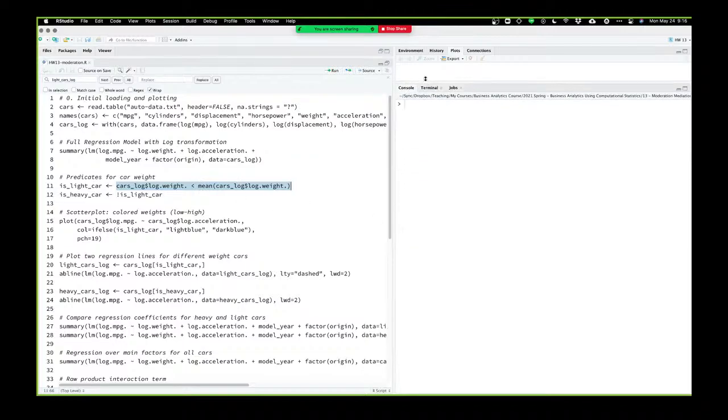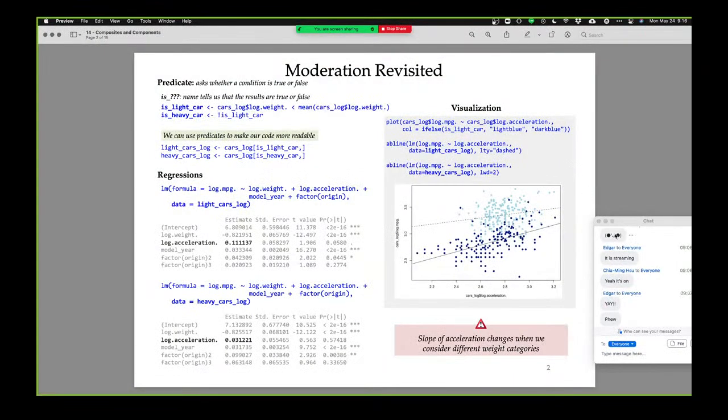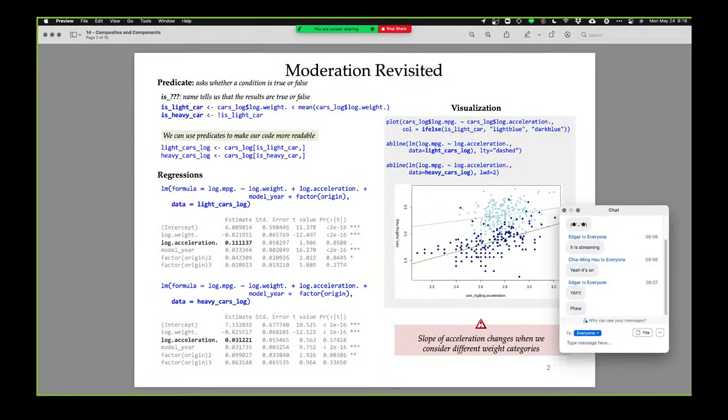Actually, before I run it, anybody want to guess what I'm going to get if I just run this part, car log weight smaller than mean of car log weight? Would anyone like to tell me? You can either type it into the chat window or you can raise your hand if you'd like to take a guess.